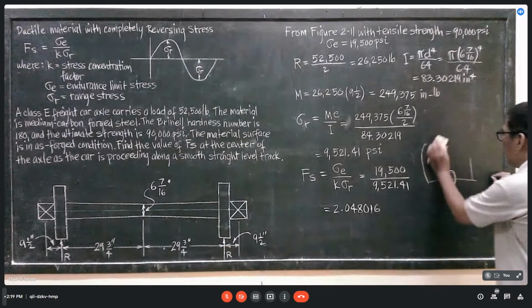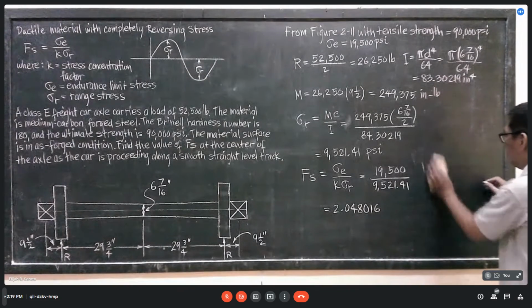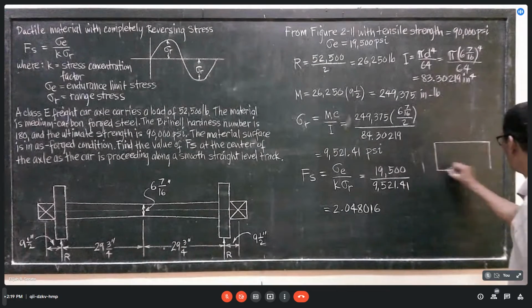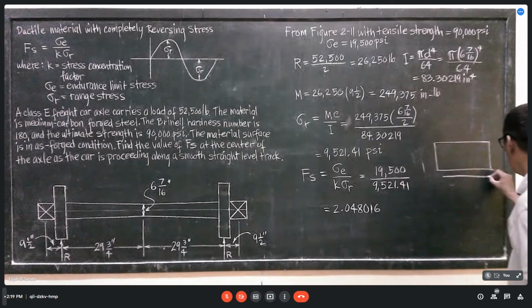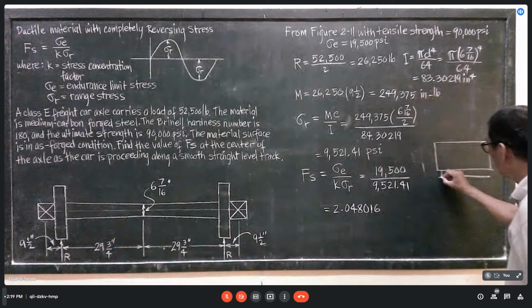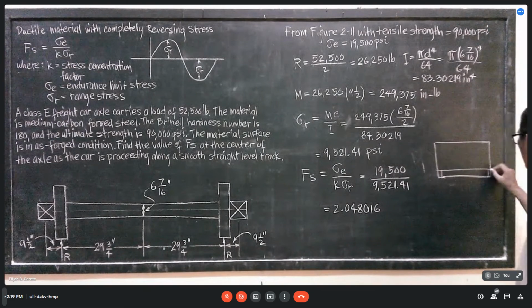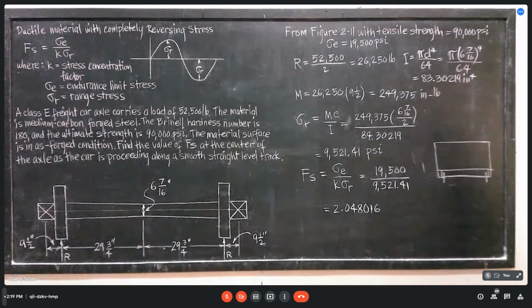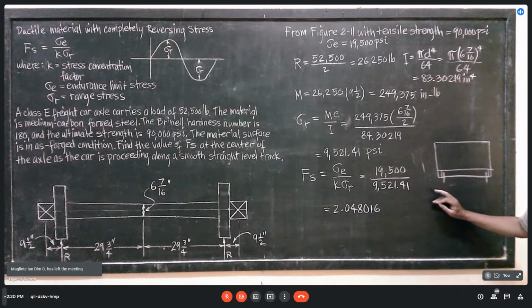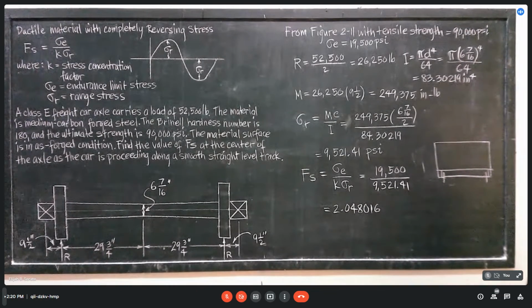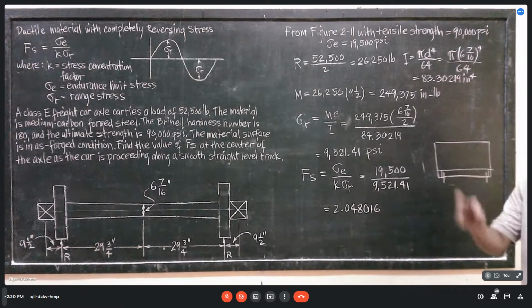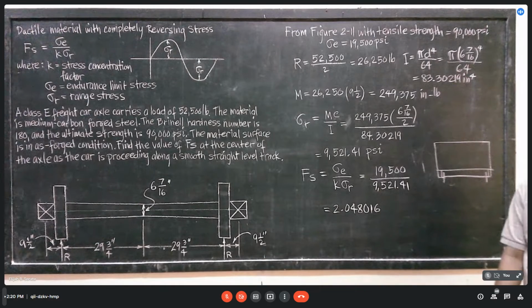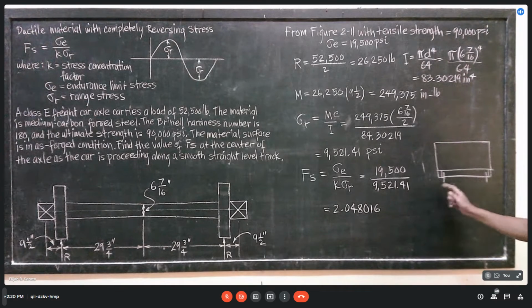So if you are going to look at it, this is your freight car, that is your axle. It is actually here, and then your wheels are here. That is why you cannot see the wheels on most of the trains. There are also some trains where you can see the wheels outside. But for this it is inside.